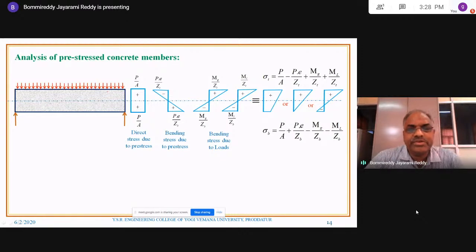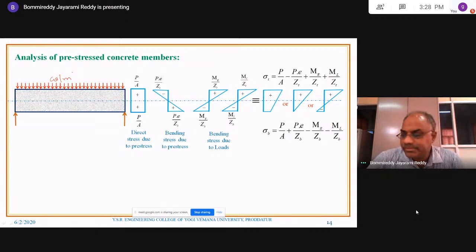Analysis of pre-stressed concrete members. Assume we take a simply supported beam having uniform cross-sectional area subjected to a uniformly distributed load W per meter throughout.